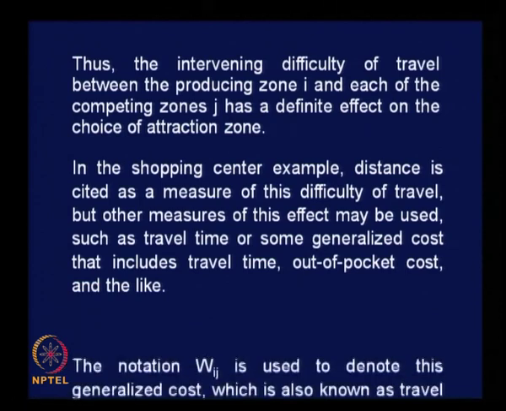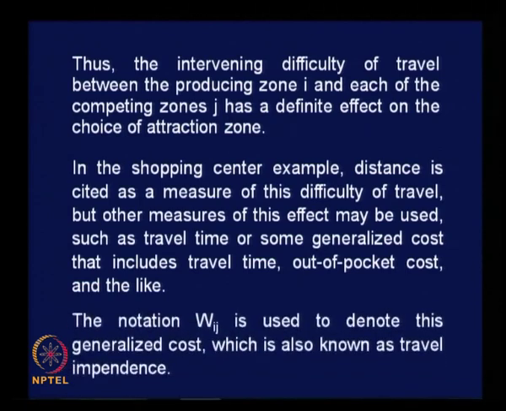And this factor is known as the travel impedance. The notation Wij is used to denote this generalized cost. So all these factors together are termed as generalized cost of travel, which is also known as travel impedance.